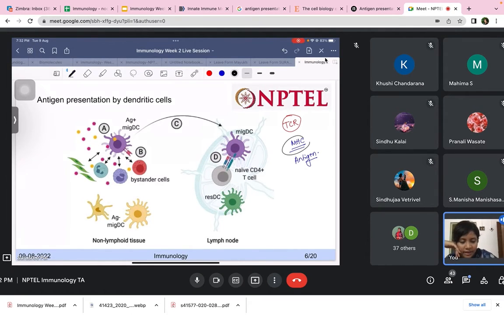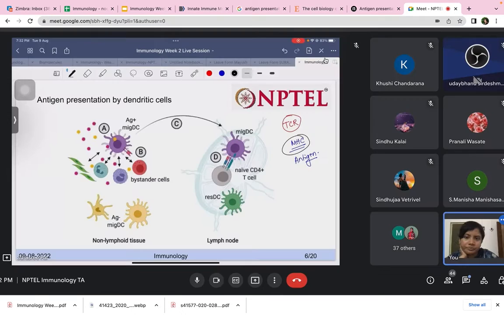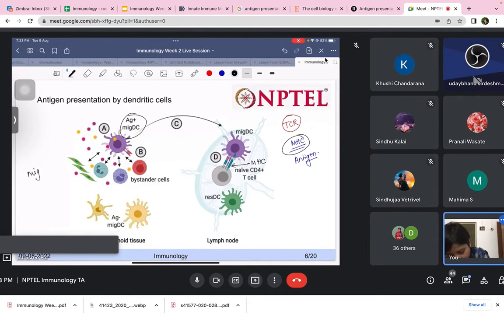MHC is very critical in the interaction of the T cell receptor with the antigen, and exactly the same thing happens in the case of dendritic cells. When they present these antigens to the naive T cells, they also do the same thing via the MHC molecules, you can see here. So the first step that occurs here is that the migratory dendritic cells, these are migratory dendritic cells.